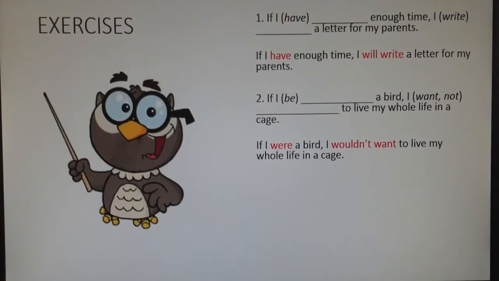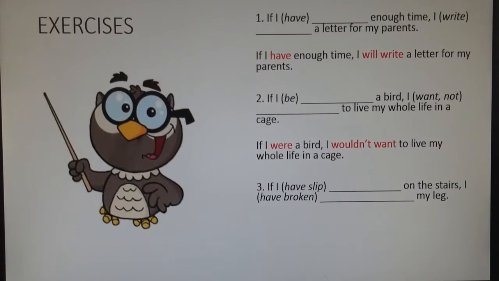The answer is, if I were a bird, I would want to live my whole life in a cage. The third, if I blank on the stairs, I blank my leg. The answer is, if I hadn't slipped on the stairs, I wouldn't have broken my leg.